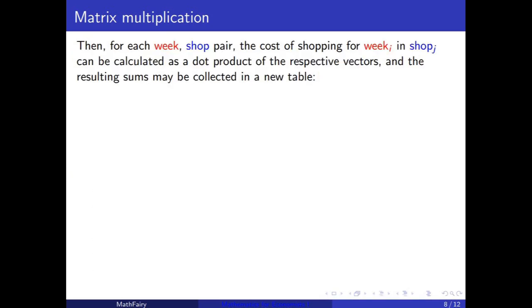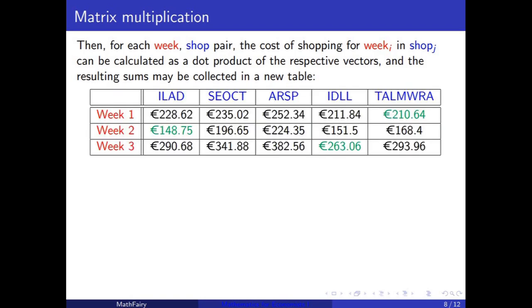So for each week-shop pair, the cost for shopping for week i in shop j can be calculated as the dot product of these respective vectors, just like before. And the resulting sums may be collected in a new table. So if we do this for all of these shop-week pairs, we will get the following table.